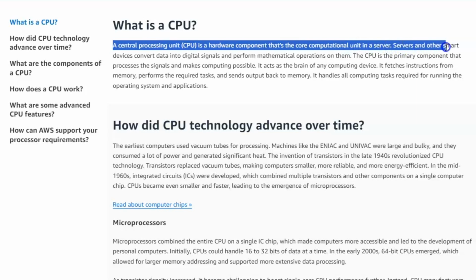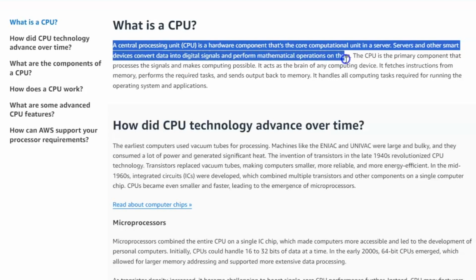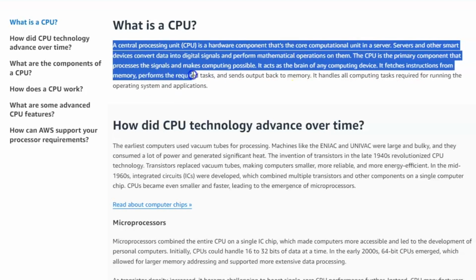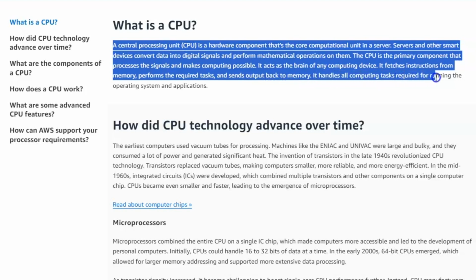Servers and other smart devices convert data into digital signals and perform mathematical operations on them. The CPU is the primary component that processes the signals and makes computing possible. It acts as the brain of any computing device. It fetches instructions from memory, performs the required tasks, and sends output back to the memory. It handles all the computing tasks required for running the operating system and applications.